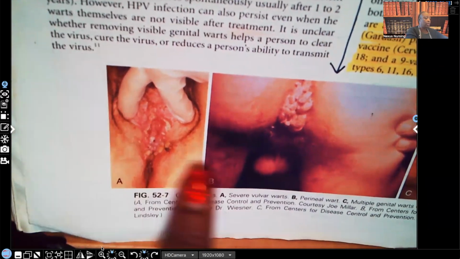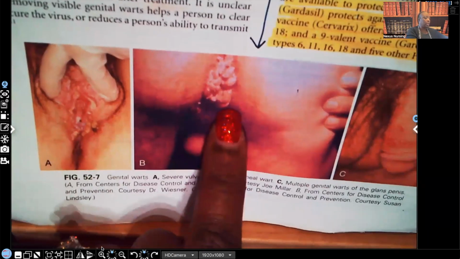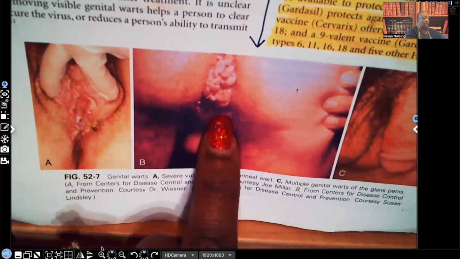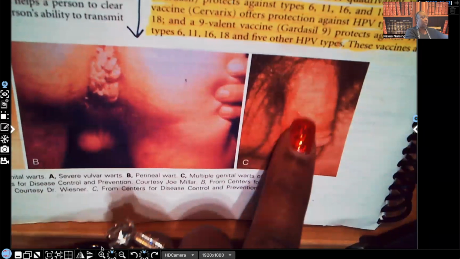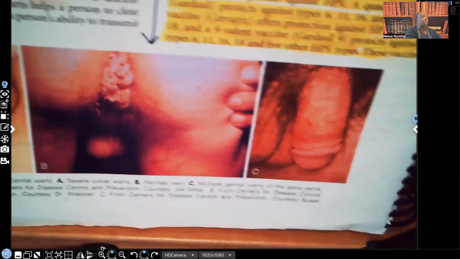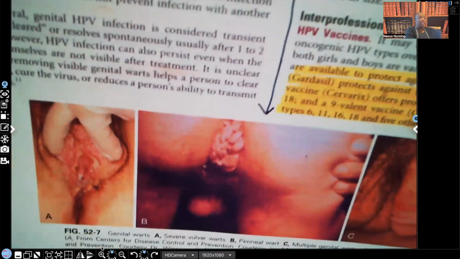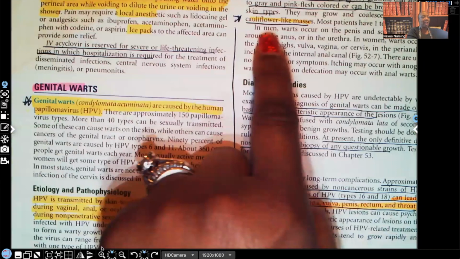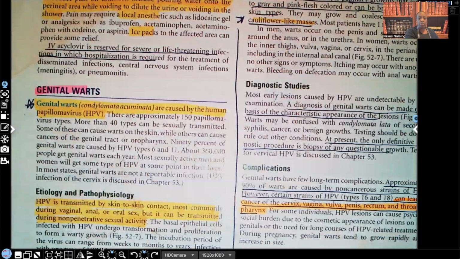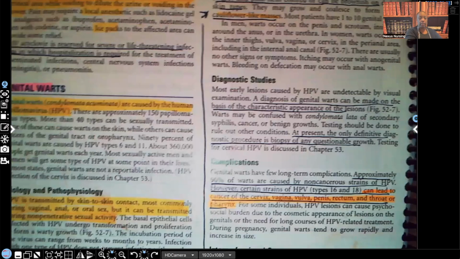Here's a better one. Look at this in the anal area. Doesn't it look like cauliflower? Or here in the penis area? So that's what I mean when I say cauliflower mass. Whenever you're reading or studying and you see cauliflower-like masses, most likely what you're dealing with is genital warts, okay?